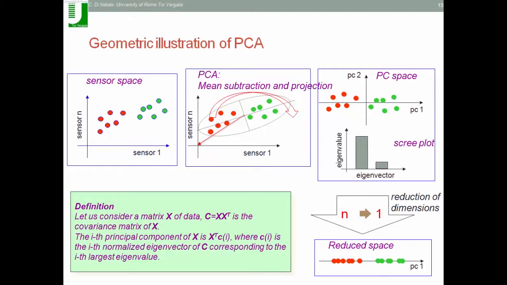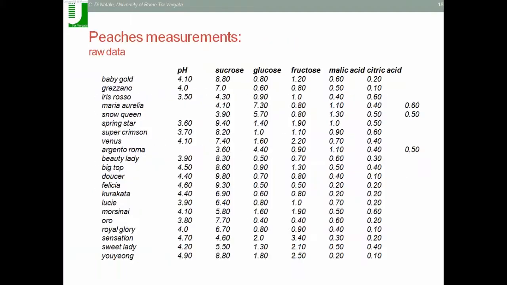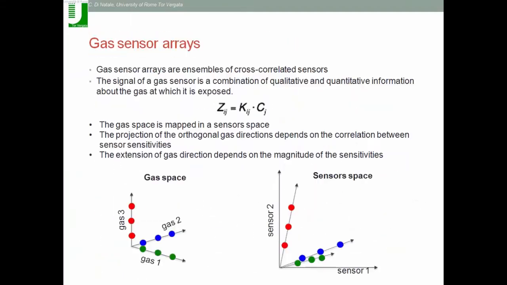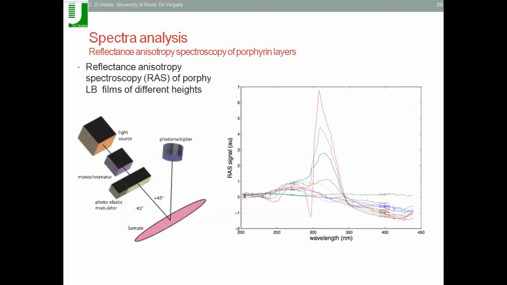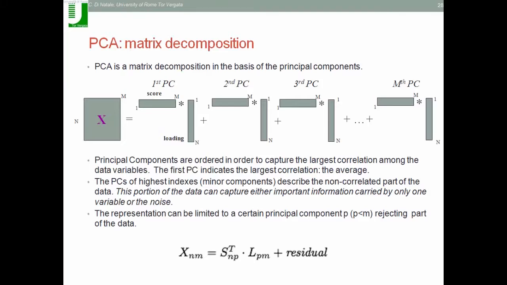It is the second, and then the third, and so on. So we are distilling the information, the variance in the sensors, taking into consideration the amount of correlation. So we start with the X. The first PC is the maximum correlation direction, then the next, and so on.